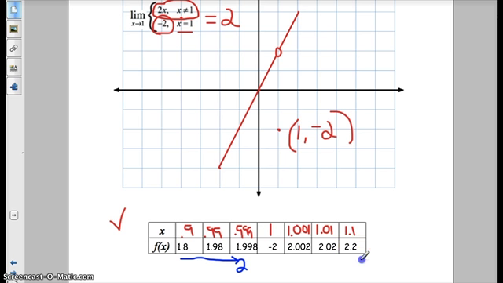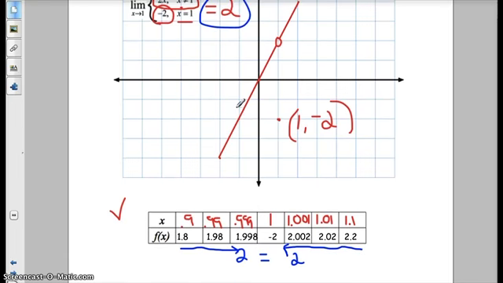Let's go to the right. As we approach from the right, our y coordinate is 2.2, 2.02, and 2.002. So as we approach 1 for x, y gets closer and closer to 2. Because our left limit and right limit are approaching the same value, they are equal, and we confirm that our limit is 2.